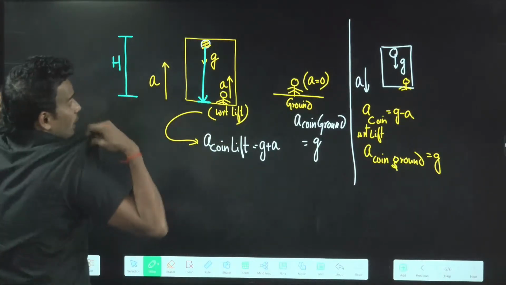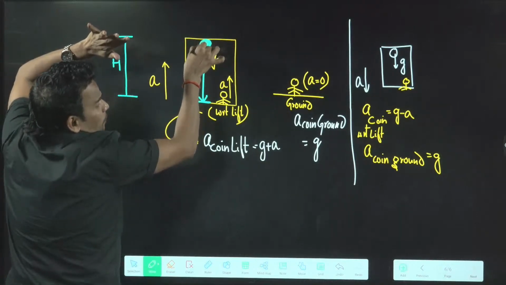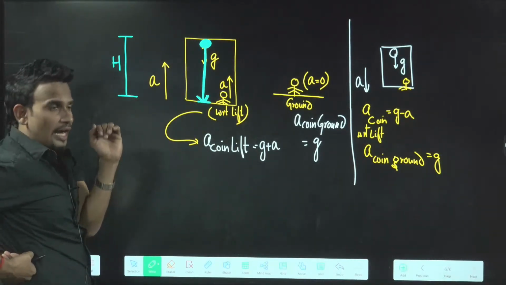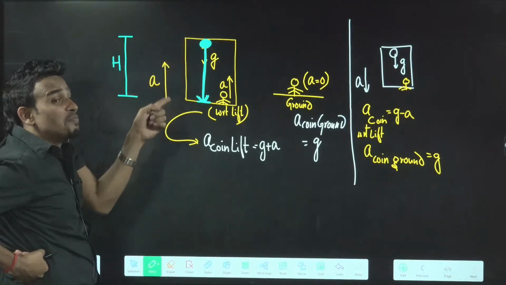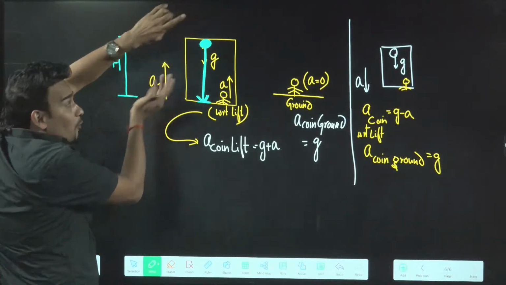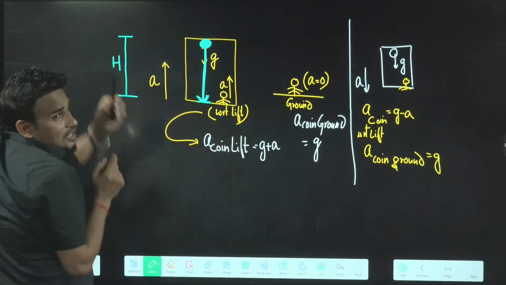Can you tell me how much distance with respect to the lift the coin will move before striking the floor? Yeah, very good. That is this length h. And what is the relative acceleration? g plus a.